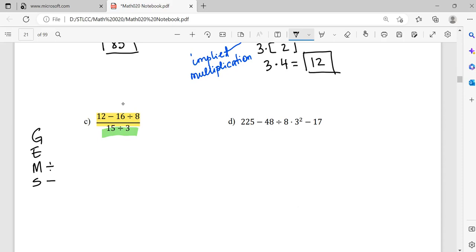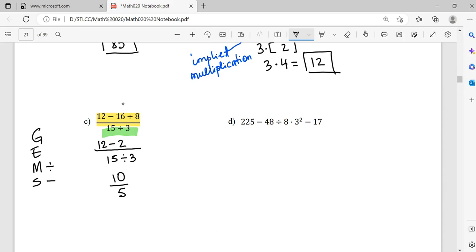So on top of this, I have 12 minus, and then 16 divided by 8 would be 2. And I have 15 divided by 3 on the bottom. All right. So now I have one operation on each top and bottom. So I'm going to do 12 minus 2, which is going to be 10, and then 15 divided by 3, which is a 5.